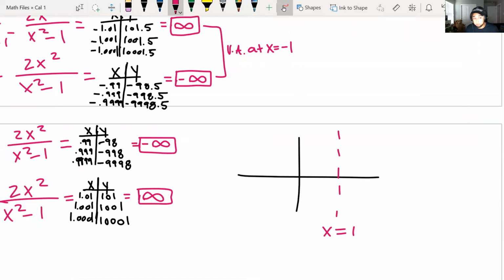For x equals 1, yes, we know there's a vertical asymptote, but we have to prove it by limits. As we approach 1 from the left, one tail is headed towards negative infinity. As we approach 1 from the right, another tail is headed towards infinity. Thus, proving by limits, we have a vertical asymptote at x equals 1.